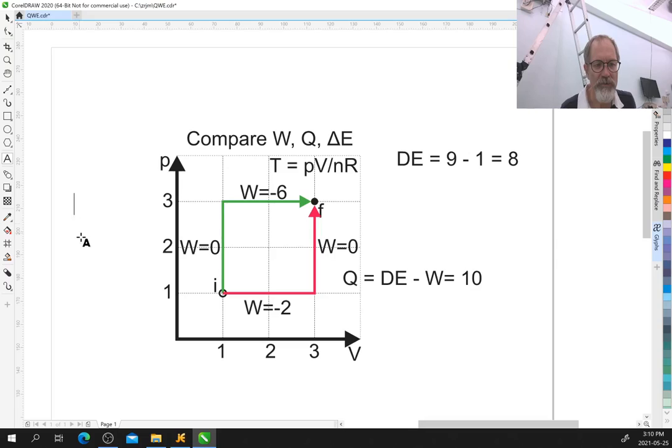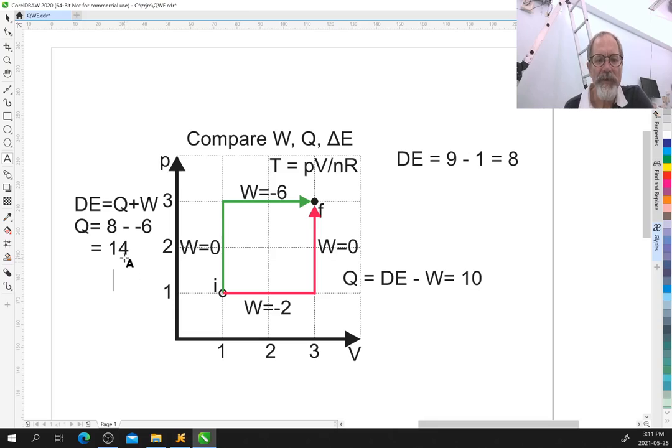Again, dE equals Q plus W. This suggests that if I go on route 2, Q is going to have to be equal to, since work is minus 6, 8 plus 6, which equals 14.